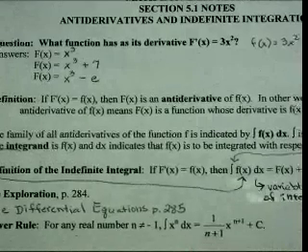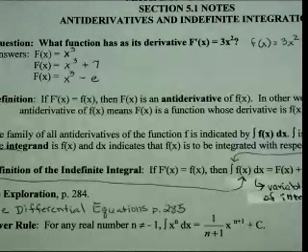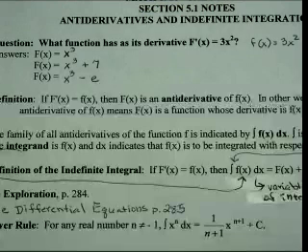Kayla said, if when you differentiate x to the n, you subtract 1 from the exponent and the exponent becomes n minus 1, then maybe when you anti-differentiate x to the n, the exponent should become n plus 1.